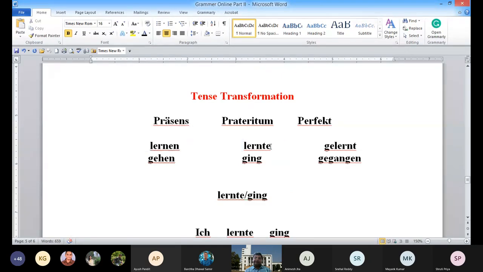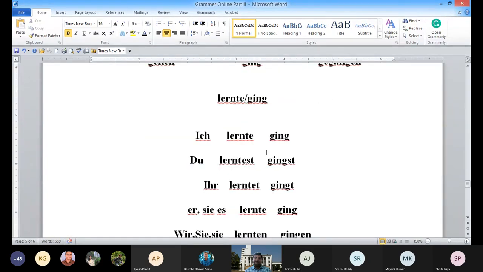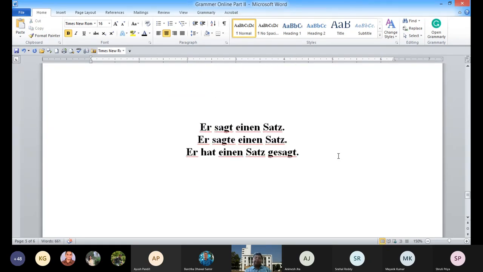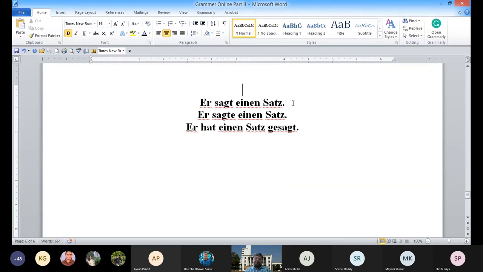So here you have to add n or en. Here lernten, L-E-R-N-T-E-N, and here it becomes gingen. Okay. So these are the verb forms. And how we make the sentences, I can give you some examples.